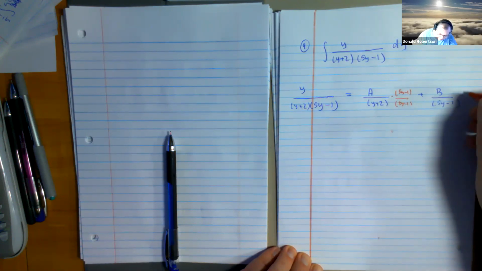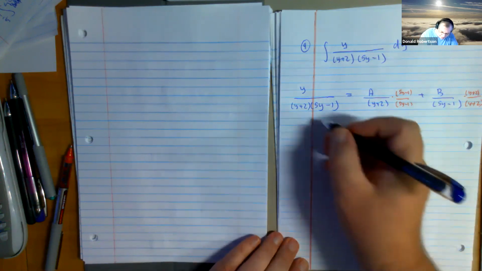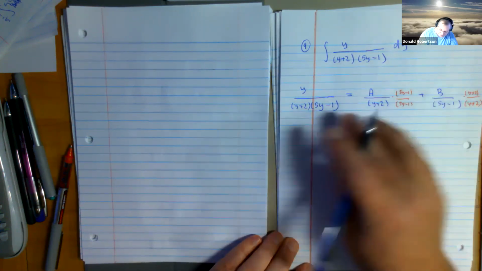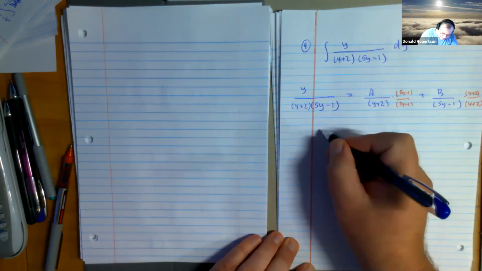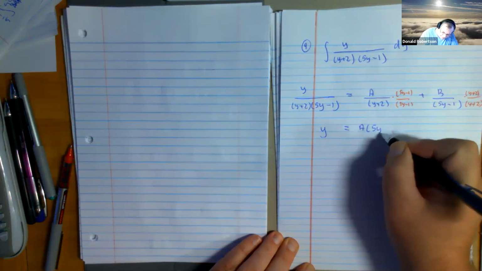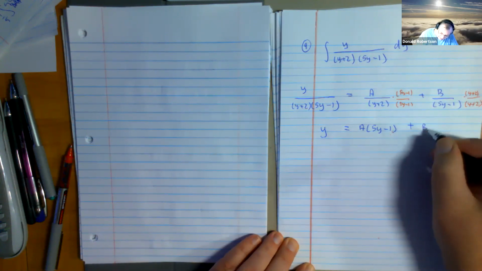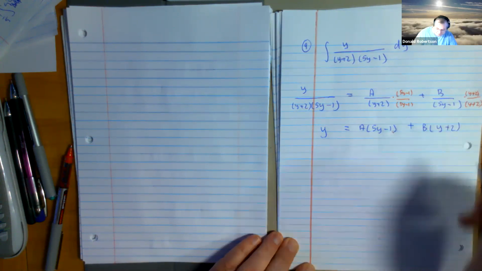And this guy here, you multiply by y plus 2. Does that look good? Yeah. Now, only the top row matters because the bottom row is the same. So I can now say y equals a lots of 5y minus 1 plus b, y add 2.